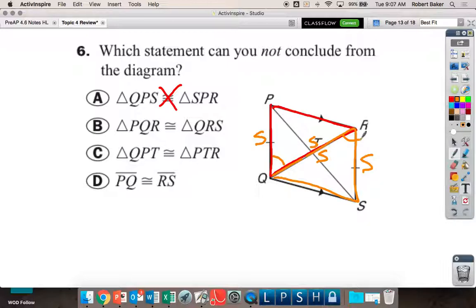That is the SAS shortcut. Are they? PQR, that's blank 1 blank, and QRS blank 1 blank. Okay, they are congruent, and they are written in the correct order.